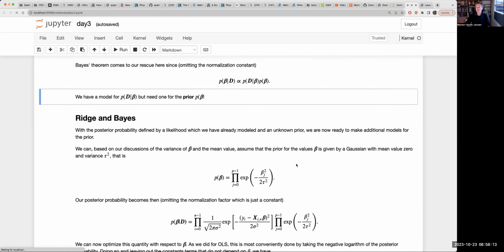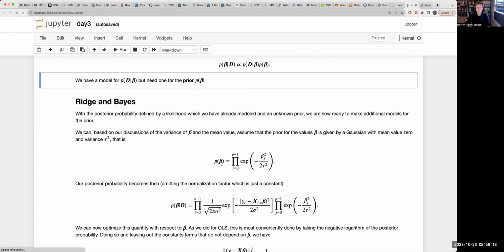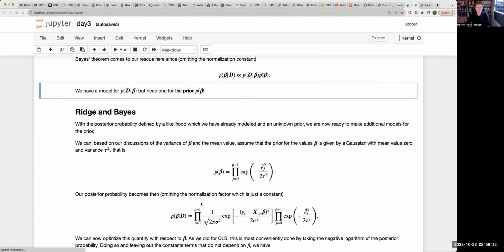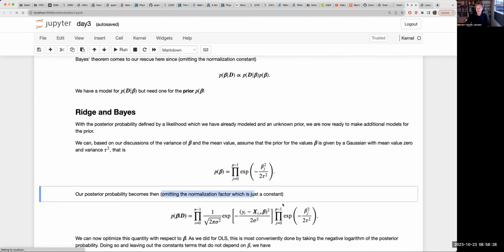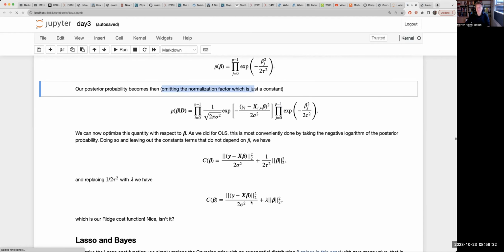So we are simply left with a probability distribution given by a prior here, multiplied with the likelihood, and omitting the normalization factor, we end up with the standard expression which we have seen before. And then we take the derivative of this quantity and find the same equations which we did for ridge regression.